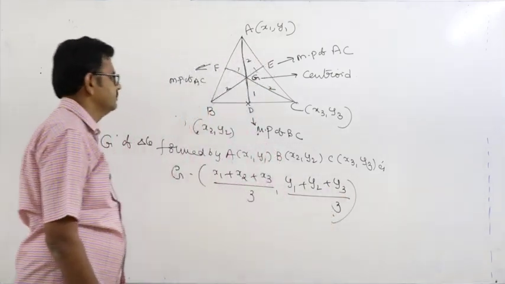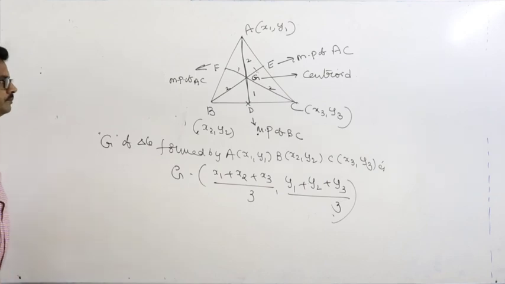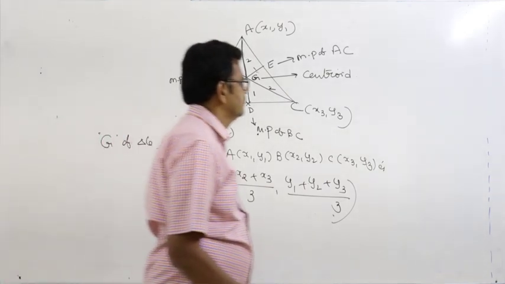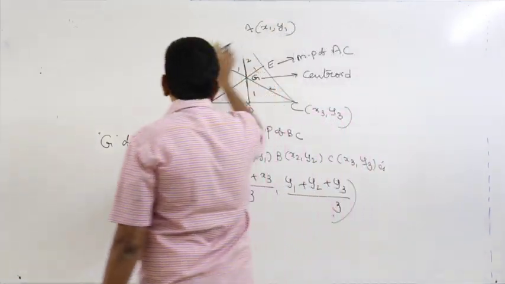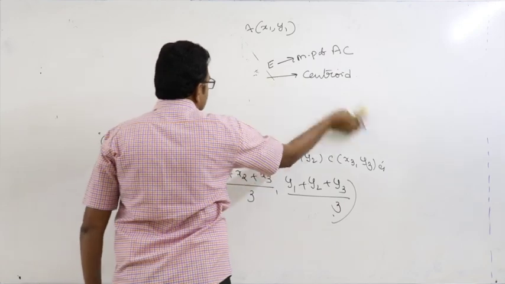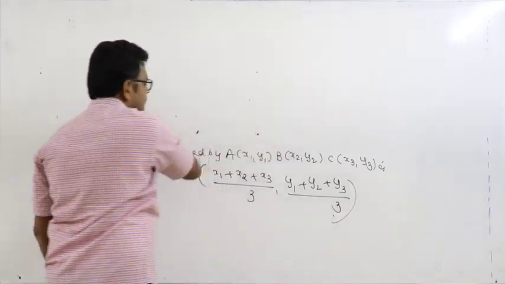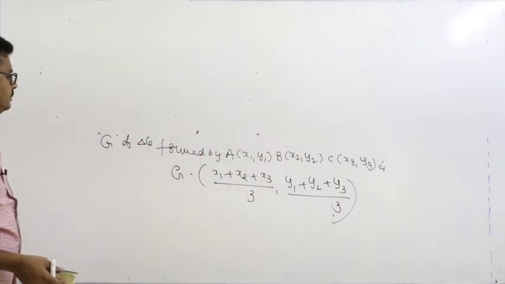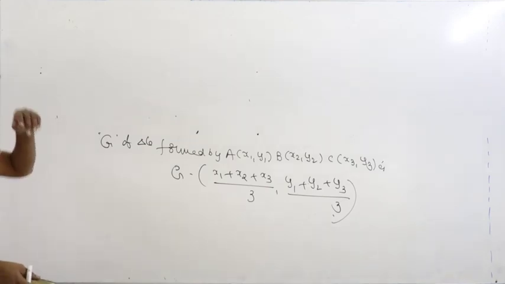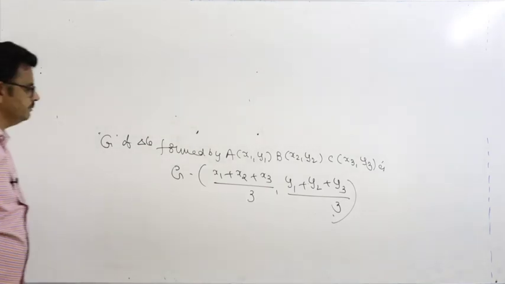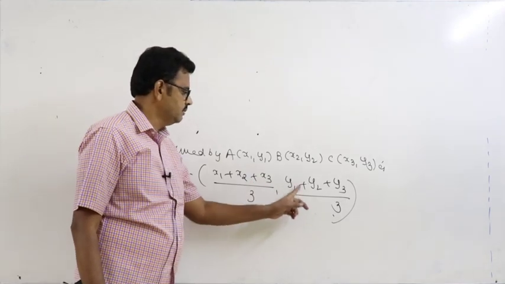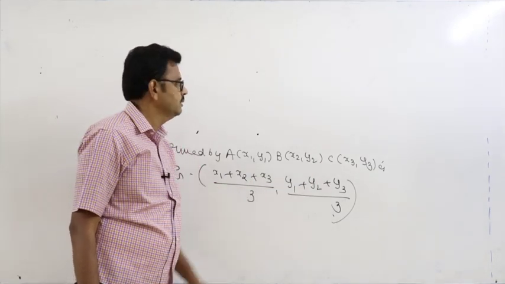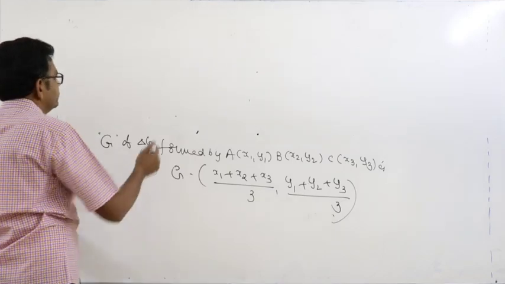Centroid of triangle is x1 plus x2 plus x3 by 3, y1 plus y2 plus y3 by 3. Next point.